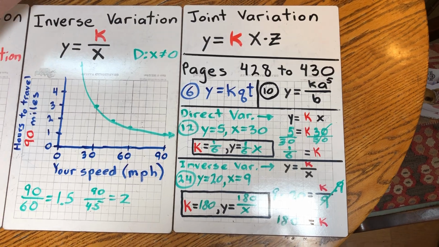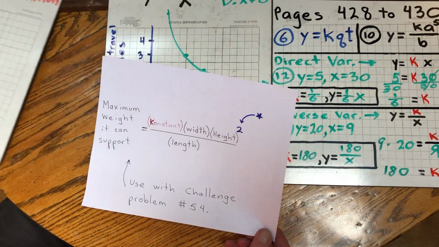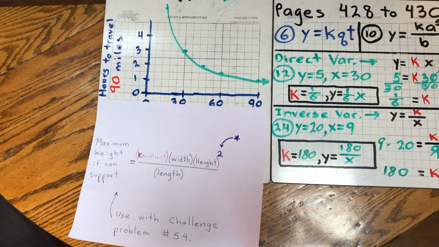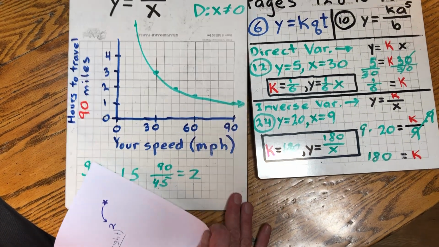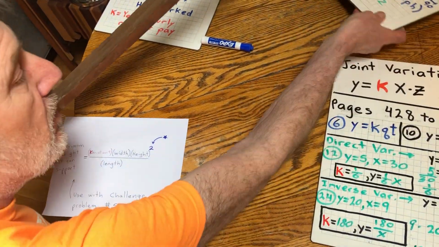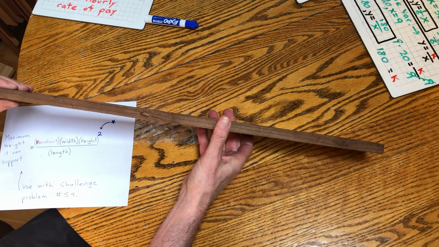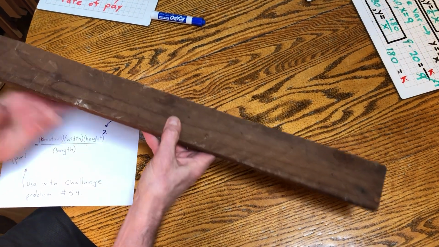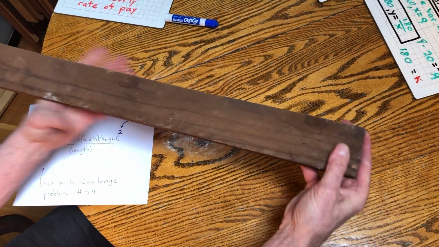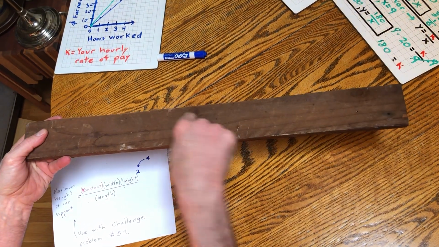Let's take a look at one other thing. Well, two actually. Let's take this fine piece of wood that I've been using. Nice little piece of redwood here. And how much weight could this support if we put it like this and started adding weight to it?